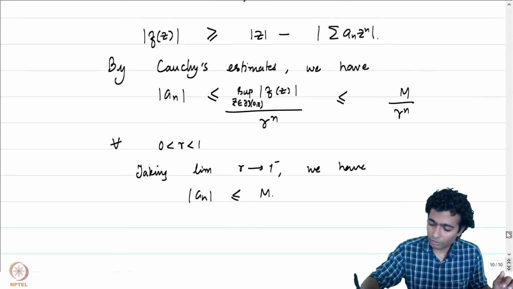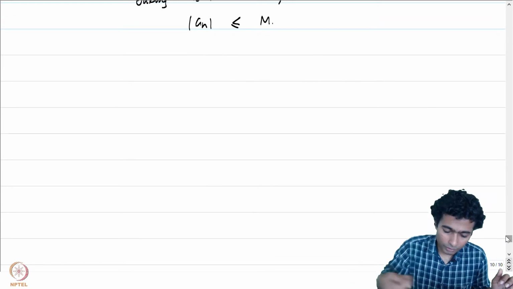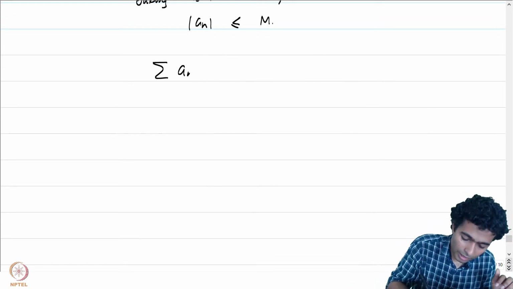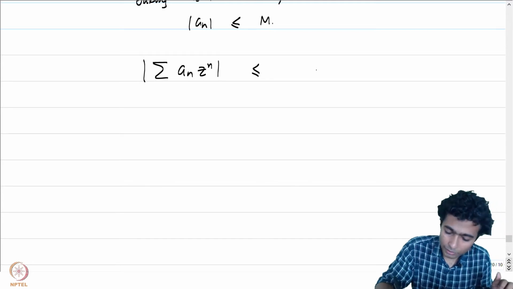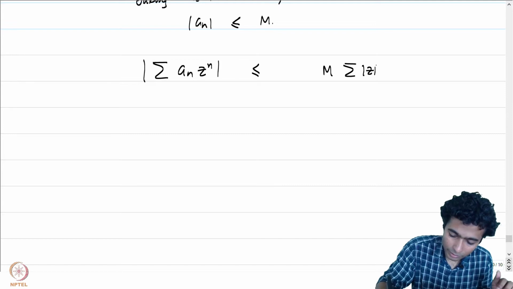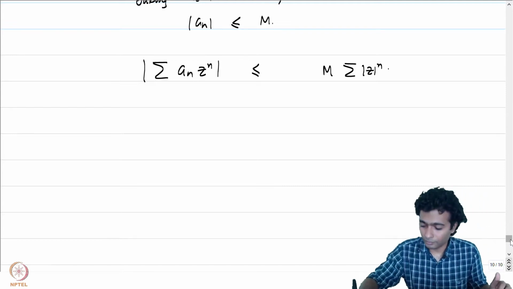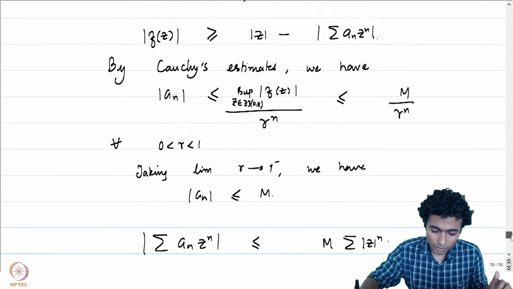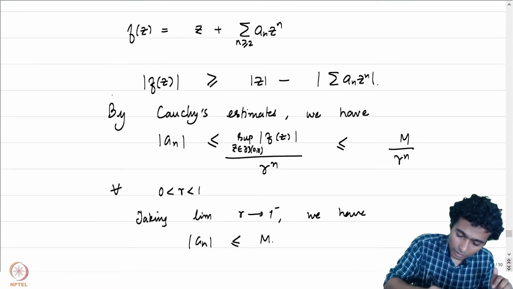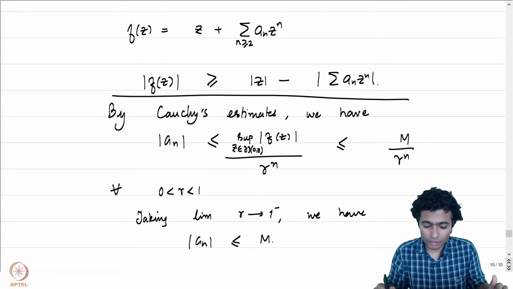And therefore, what we have is the following summation. The absolute value of the summation a_n z to the power n is less than or equal to M times the summation of mod z to the power n. Therefore, let's get back to the inequality we are interested in.